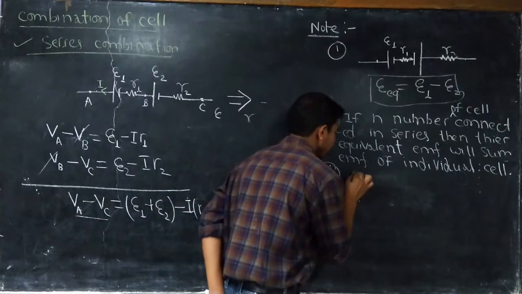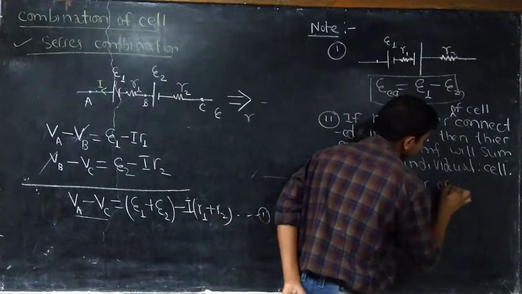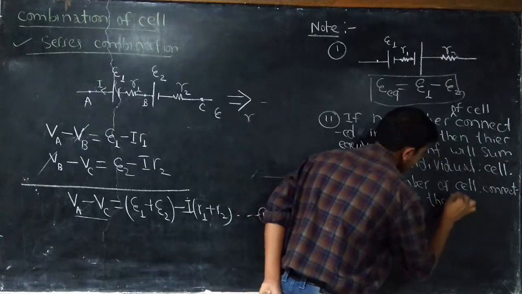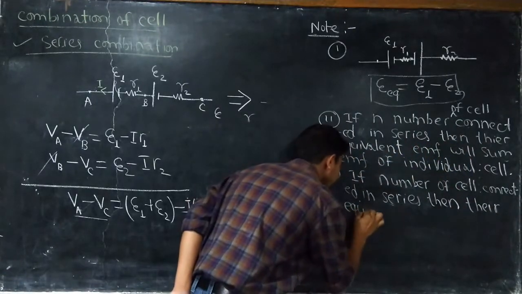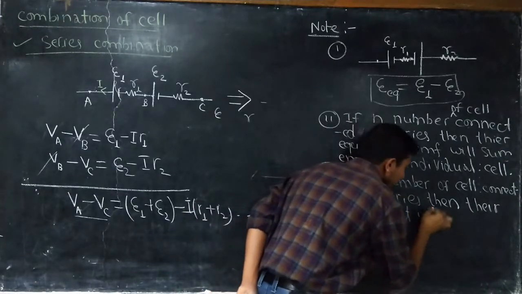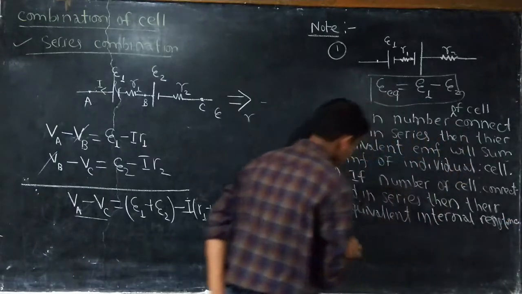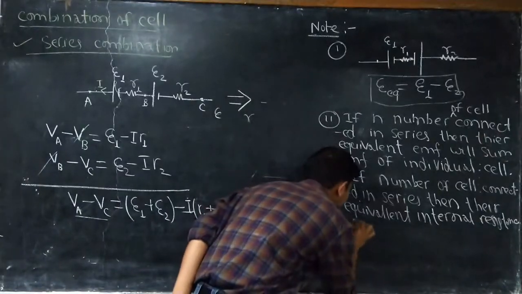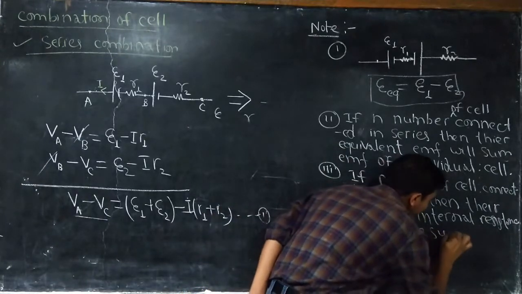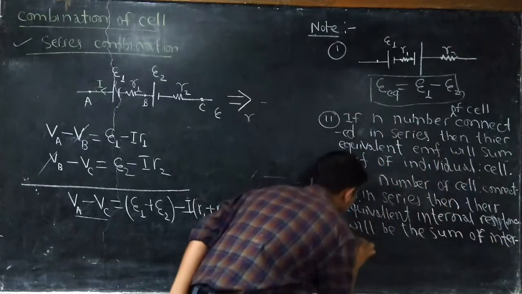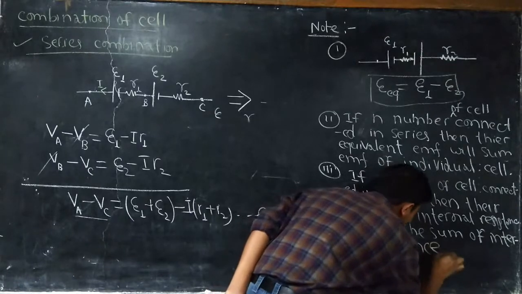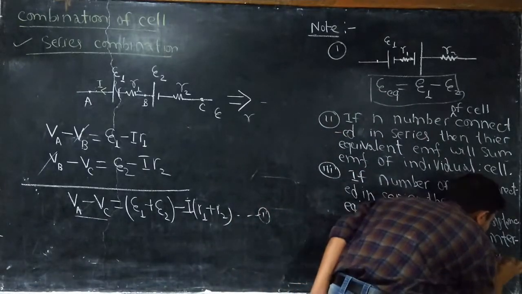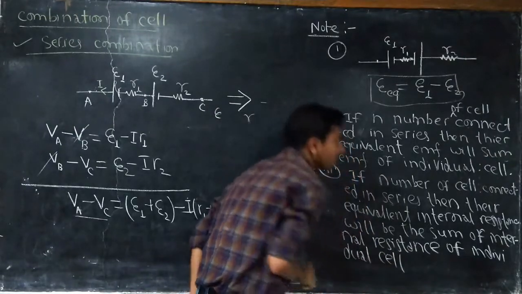So we can write, if n number of cells are connected in series, then their equivalent internal resistance will be the sum of internal resistance of individual cells.